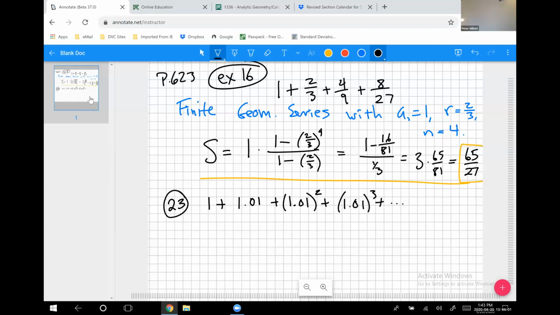So does anybody have an opinion? It's like a couple people think it diverges.